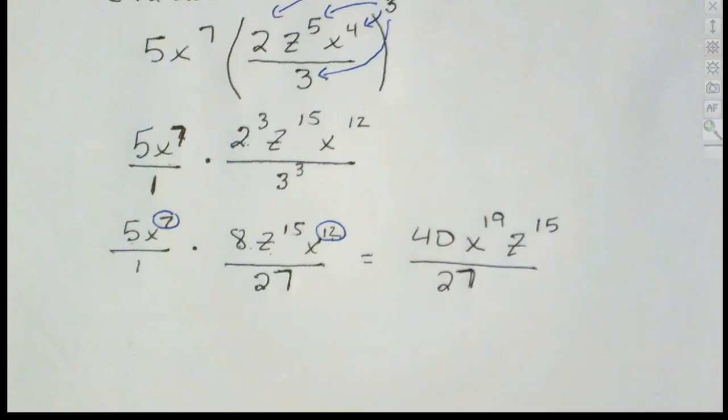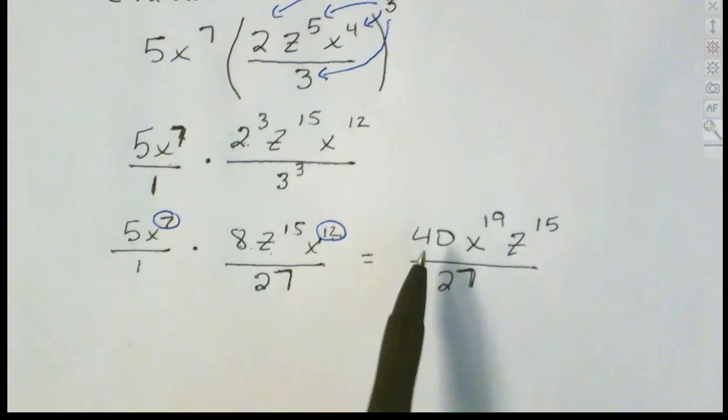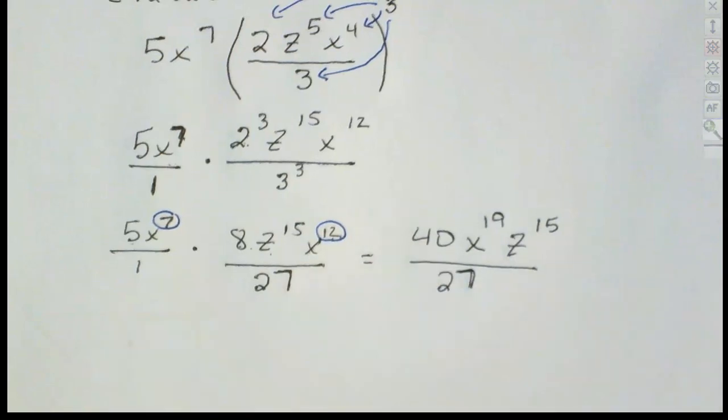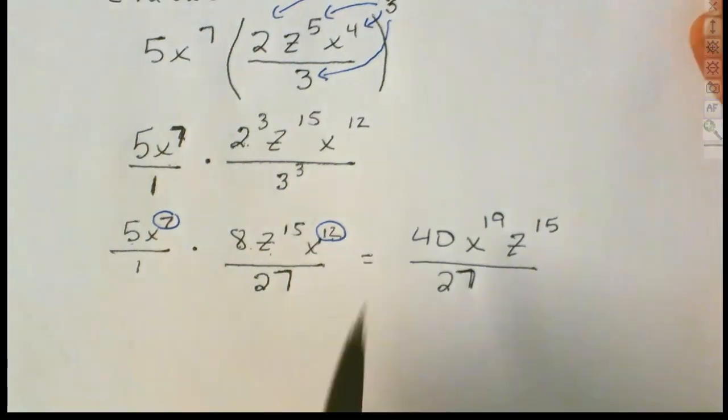Do we have any negative exponents? No. If we had negative exponents, this would be the step where we would move them around. But all the exponents are positive. 27 and 40 have nothing in common, so they can't be reduced down. So that's how we now know when to stop.